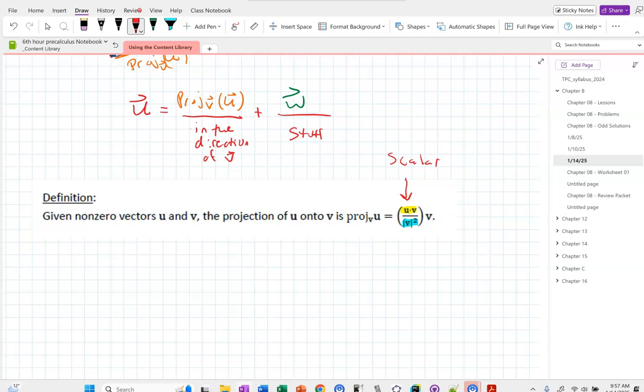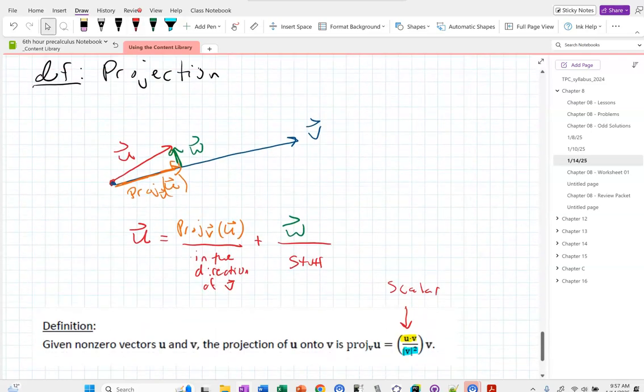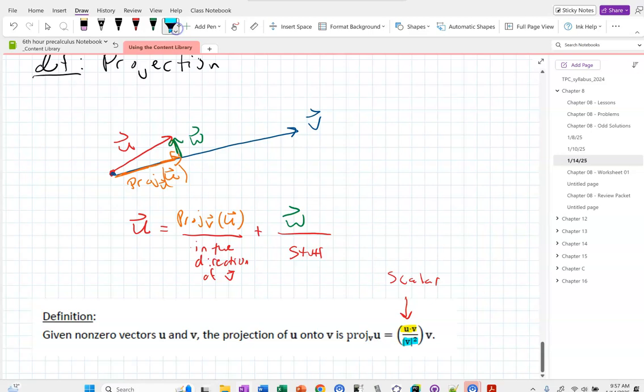Now, when I drew this picture up here, notice how long I drew v, right? But in all reality, all I need from v is really the direction that it's going. In a lot of these story problems, we might not give you enough information to know the magnitude of v.